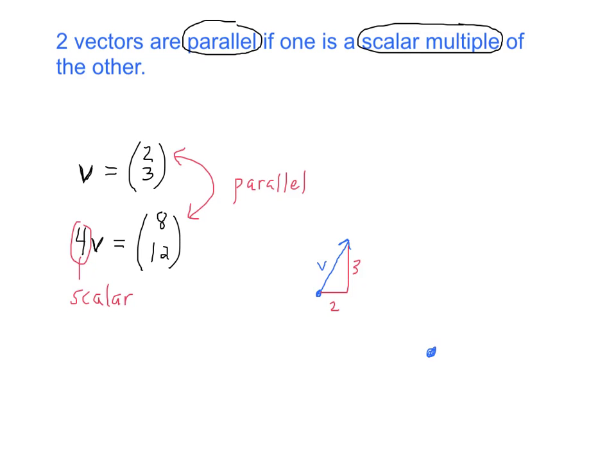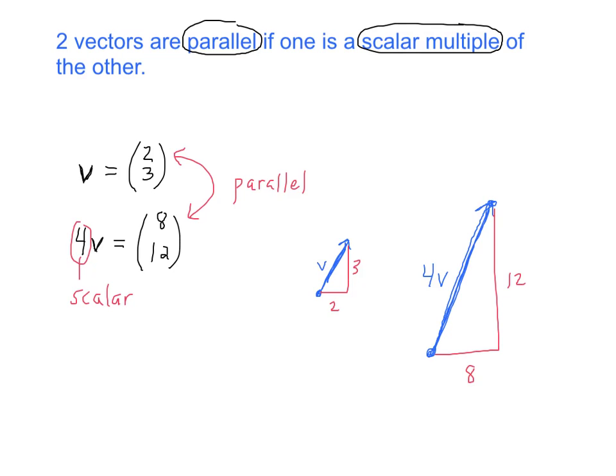This is over 8 and then up 12. Sorry it's not very drawn to scale, but hopefully you get the idea. So this is the vector 4v. Had I drawn this with graph paper, you would see these are parallel to one another.